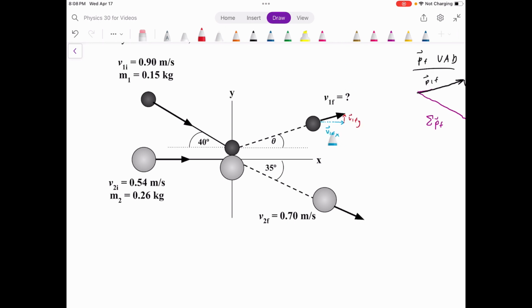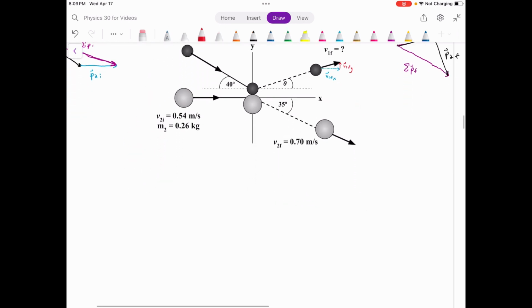Now that x velocity is going to give it some x momentum, making sure that the total x momentum was conserved from here to here. And similarly for the y velocity, that y velocity is going to give it some y momentum. And that ball's y momentum, when added to this one's y momentum, is the same as the total y momentum we had initially.